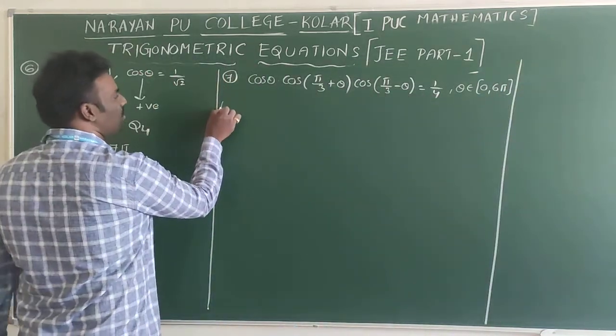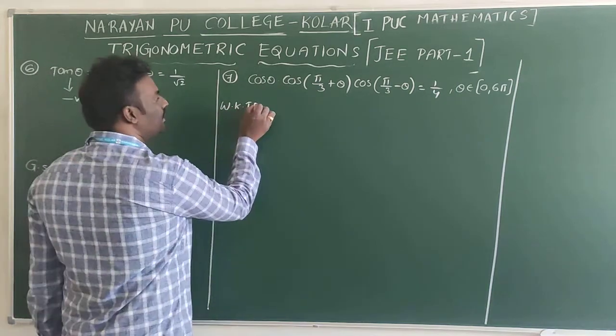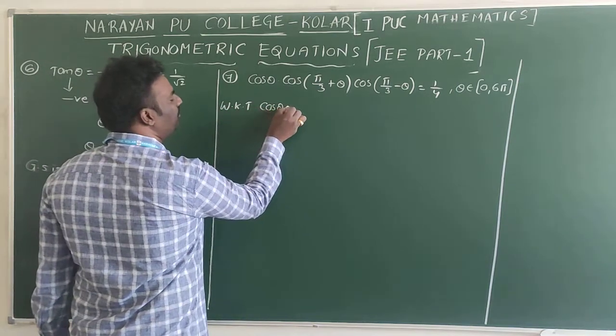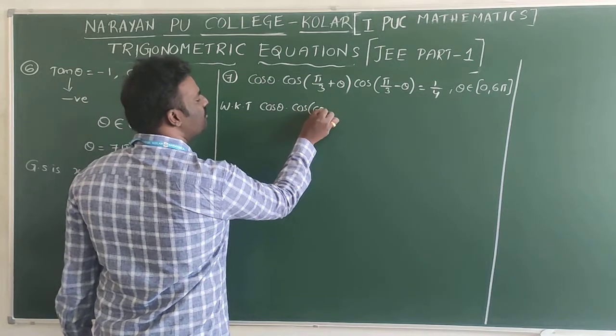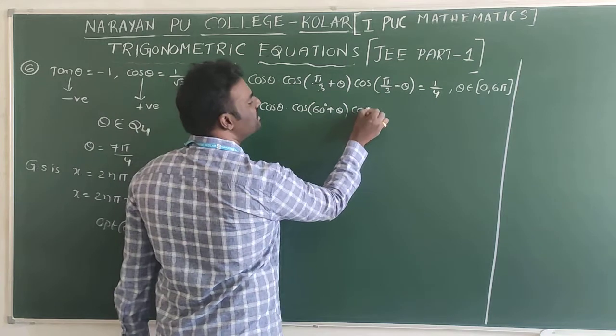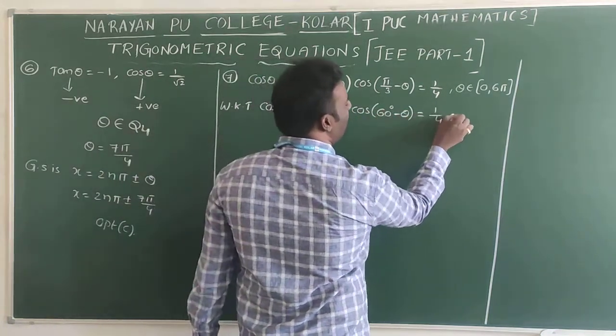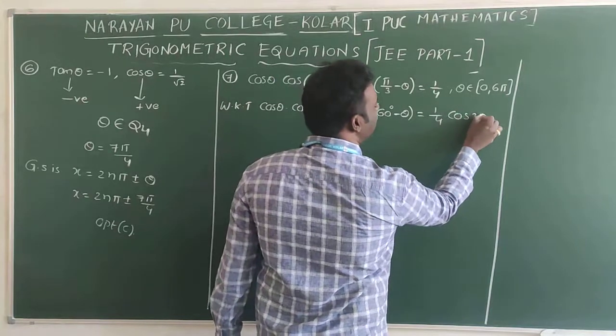Already in the trigonometry synopsis I gave one formula: cos theta into cos of 60 plus theta, that is pi by 3, into cos of 60 minus theta, equals 1 by 4 cos 3 theta. This is a formula.